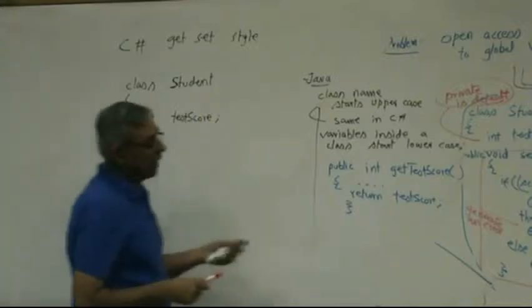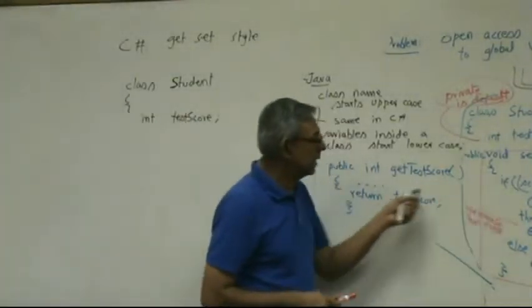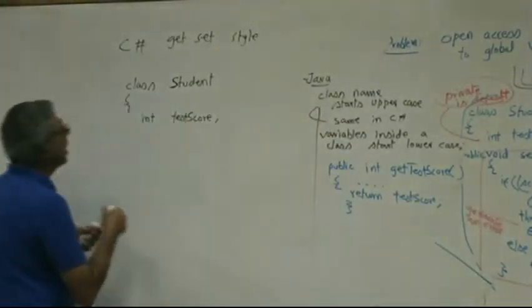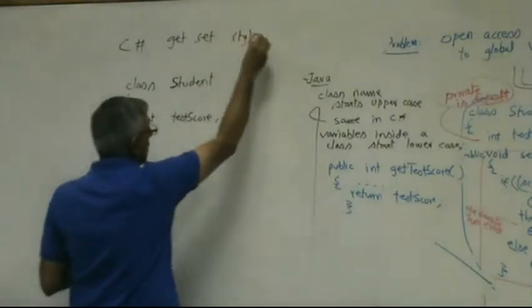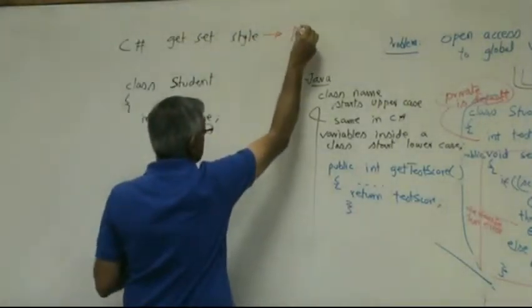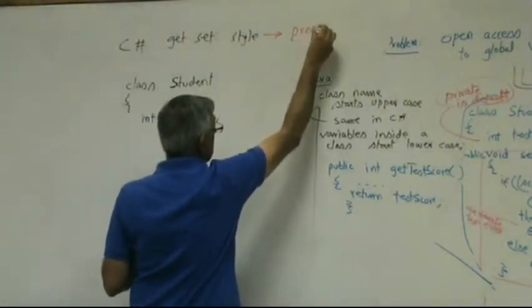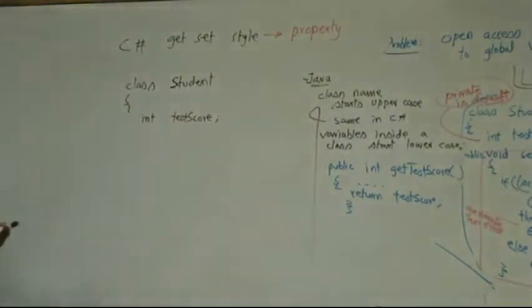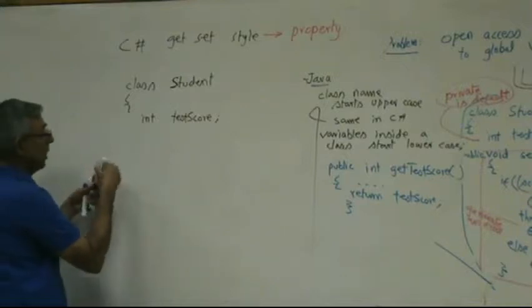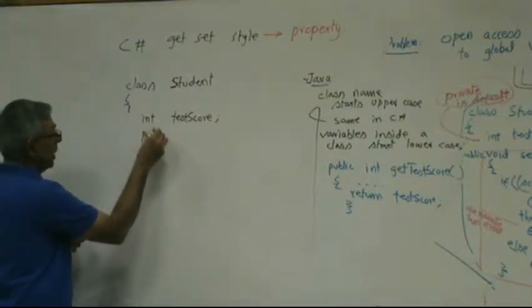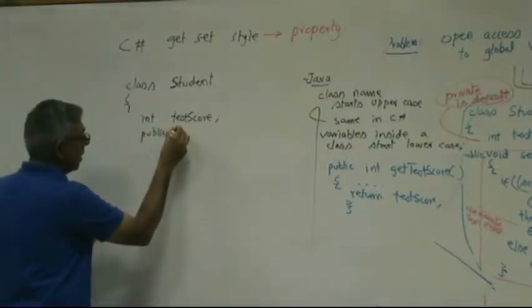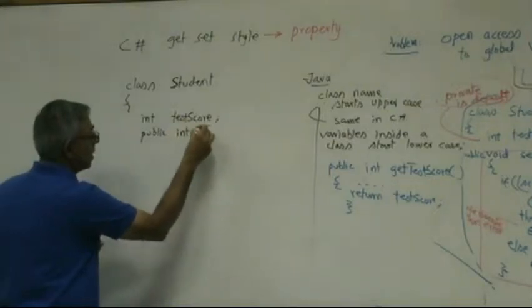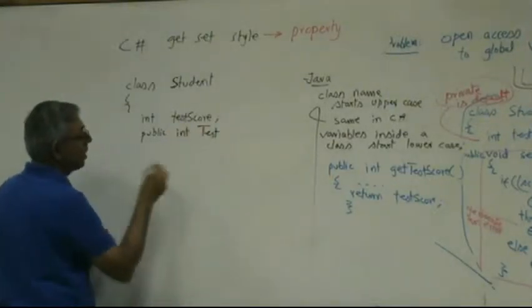Now, instead of writing get and set in this style, in C# we have a style called property style, or properties. What we do is, corresponding to each variable, we declare a property that starts uppercase.